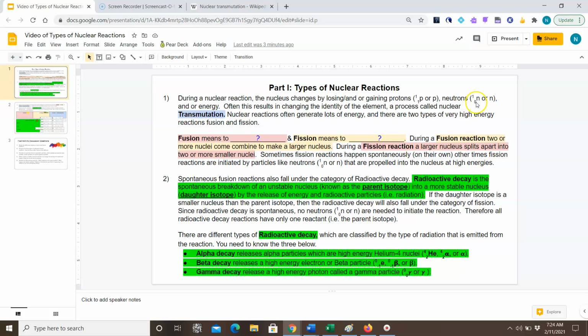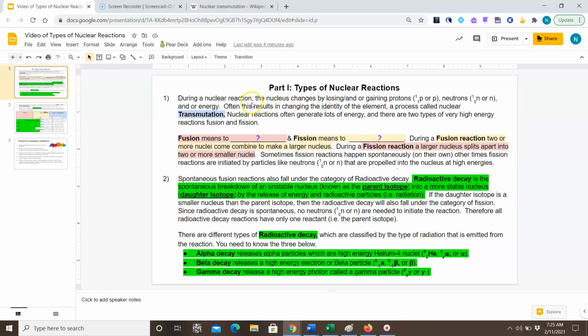Neutrons are neutral, they have no charge, so that number is 0. This is telling us what charge the particle contributes to the nucleus. Protons, 1, and neutrons, 0. On the other hand, an electron that's injected into a nucleus or ejected from a nucleus has a -1 charge. So you'll notice that the bottom number is -1 for that particle.